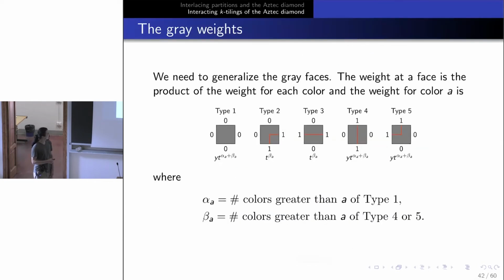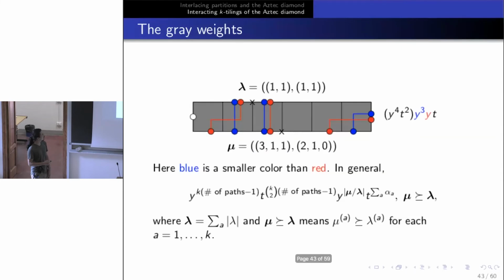And the gray weights are slightly more complicated. But the point is, in the end, you'll get exactly the weights from the dominoes, the exact same interlacing conditions, and then some overall factors that only depend on the rank, and we'll just throw them out later.